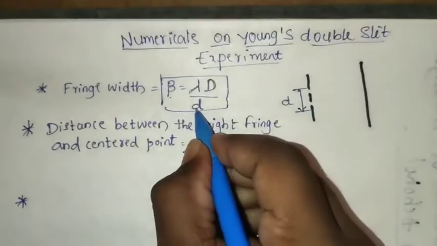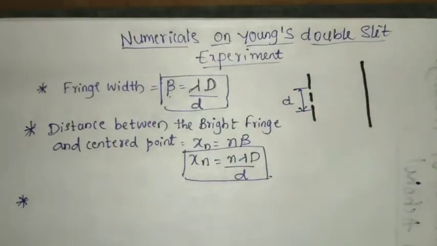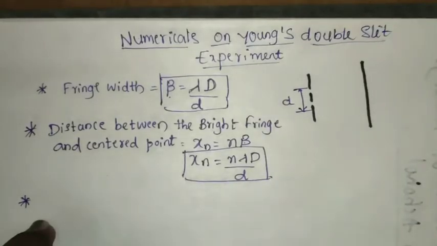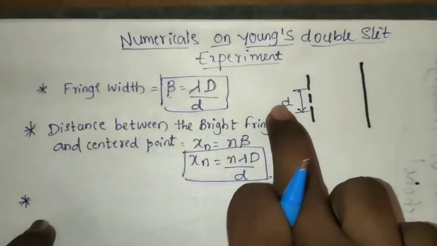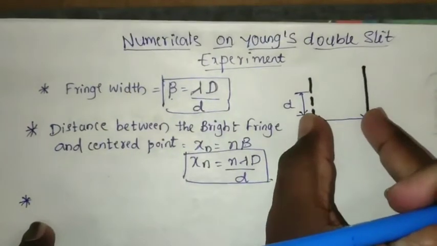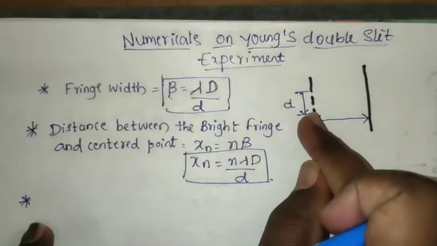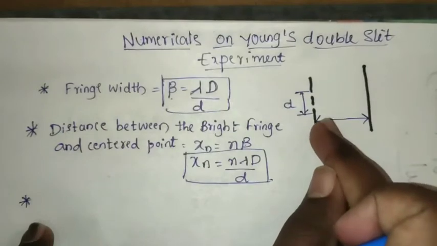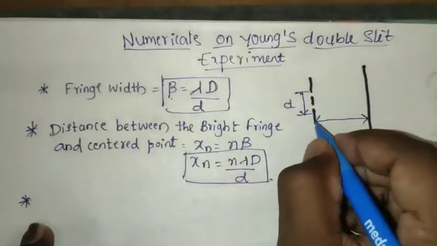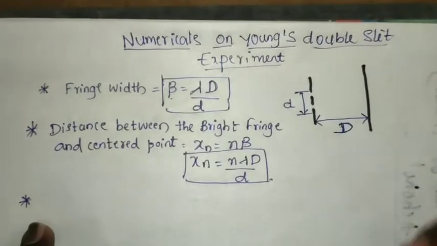In numericals they will give the distance between the slits as 1.2 mm, 1.3 mm, like that. The distance between the screen and the slits is capital D.